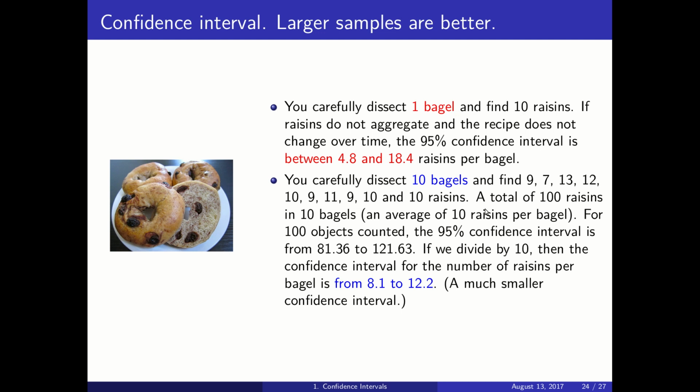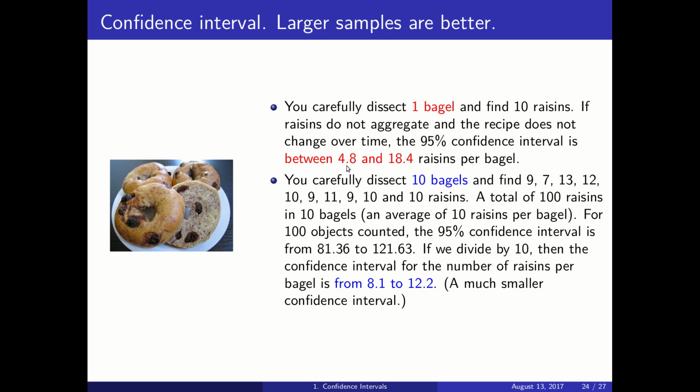But now, since we have observed many more objects, we can construct confidence intervals that are much smaller. We have counted 100 objects, so we construct the confidence interval around this 100, and then we divide by 10 just to get the confidence interval for the rate of raisins per bagel. So now it goes only from 8 to 12.